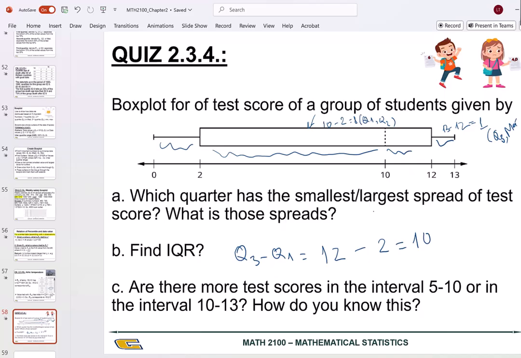But the interval from 10 to 13 includes 2 quarters: 10 to 12 is 25% of the data, and 12 to 13 is 25% of the data.